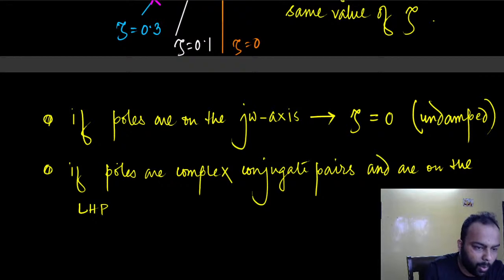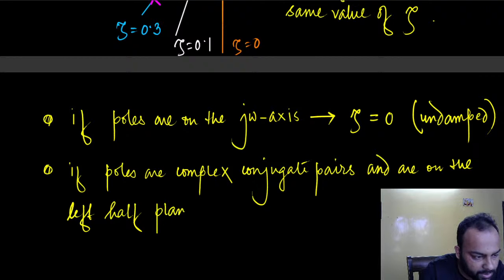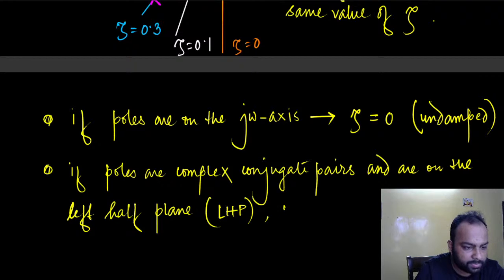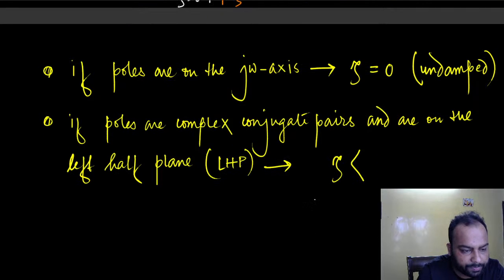We will see why. Okay, and then if the poles are complex conjugate pairs and are on the left half plane, in short called LHP, then it denotes zeta is between 0 and 1.